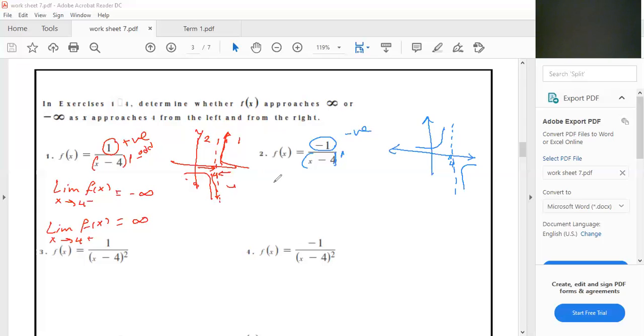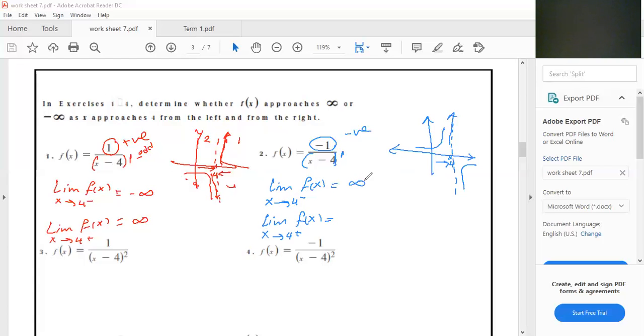As I told you, I have to answer these 2 questions for each problem: the limit of f of x when x approaches 4 from the left, and the limit of f of x when x approaches 4 from the right. Look here with me. As I approach 4 from the left, f of x goes to infinity.